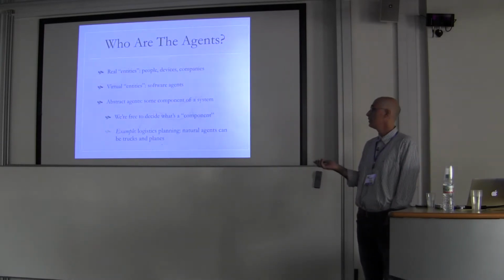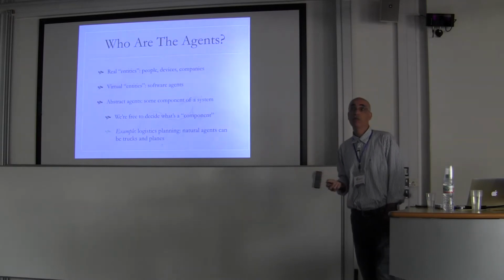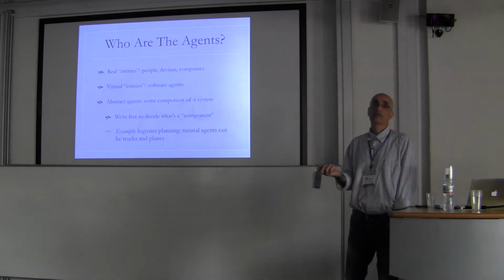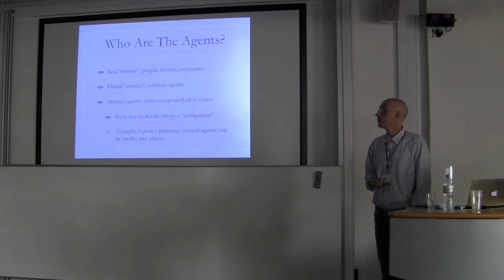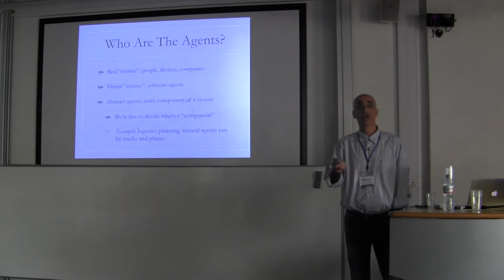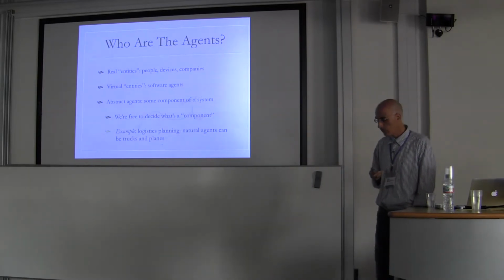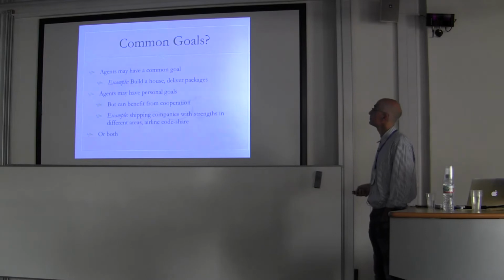But you can also think about it as a multi-agent planning problem, where the agents are the trucks and the planes, and it's a useful abstraction in some cases to consider these elements as agents that somehow need to work together to solve the problem. We'll see more about this later.